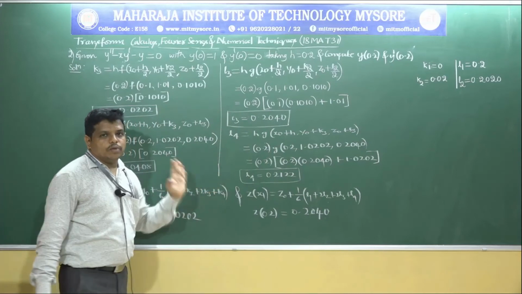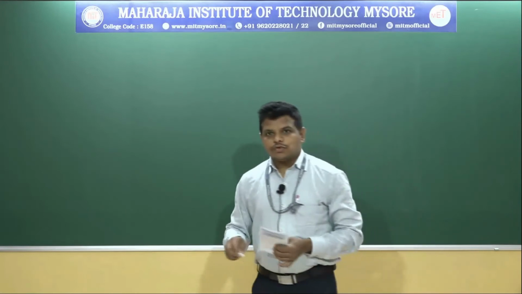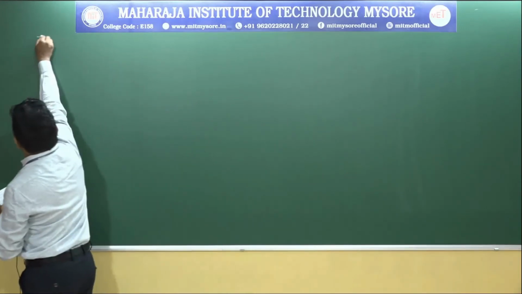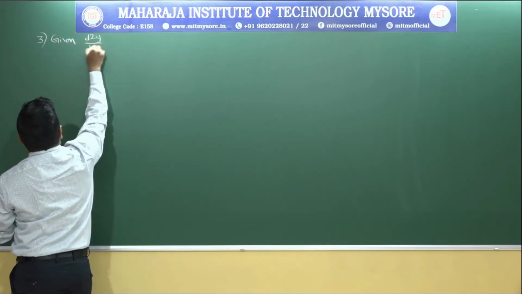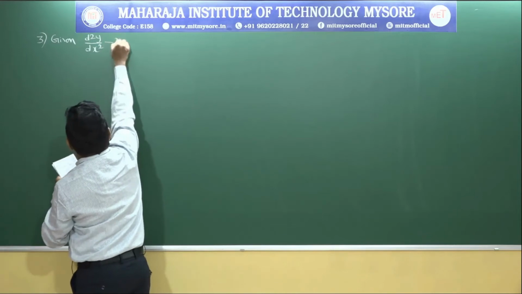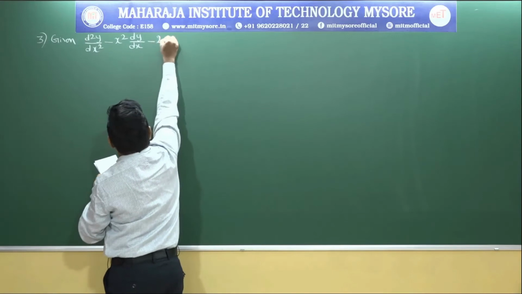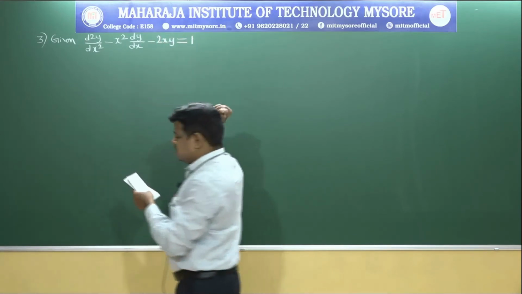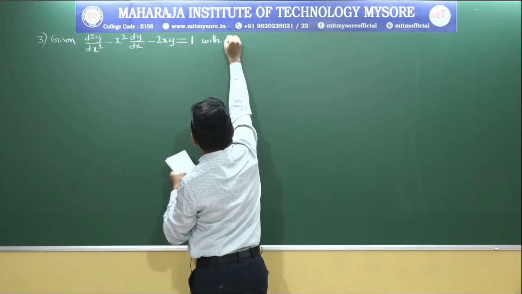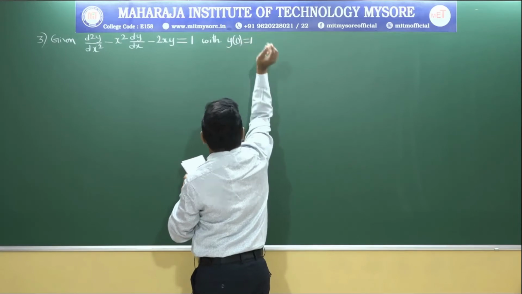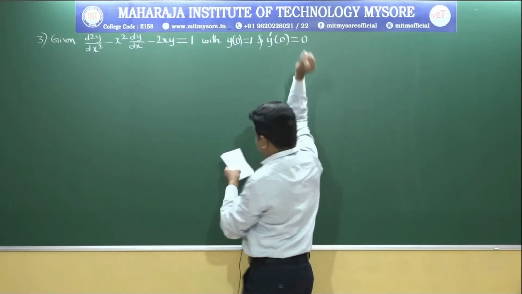Okay, these are the problems on Runge-Kutta method of fourth order. This problem on Runge-Kutta method of fourth order is: given d square y by dx square minus x square into dy by dx minus 2xy equals 1 with the initial conditions y of 0 equals 1 and y dash of 0 equals 0.